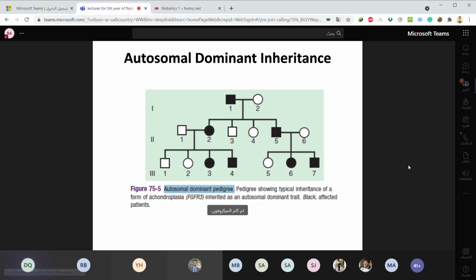This is also autosomal dominant inheritance, but it goes to the third generation, not only the second generation. So if the grandfather was affected and the grandmother was not, they will have one affected girl and one affected boy, and their offspring will also be 50% affected and 50% healthy.